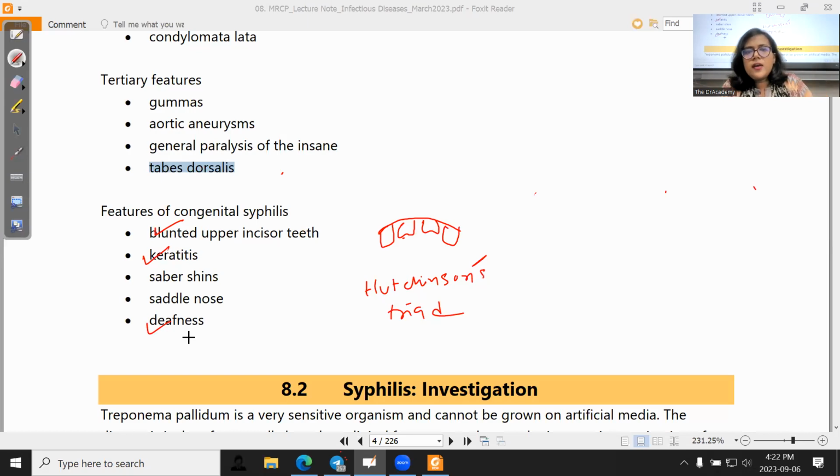The rest, like permanent disfigurement of the face and saddle nose, are quite common as well, but do focus on the Hutchinson triad: blunted upper incisor teeth, interstitial keratitis, and sensorineural deafness. Teeth, ear, and eye.